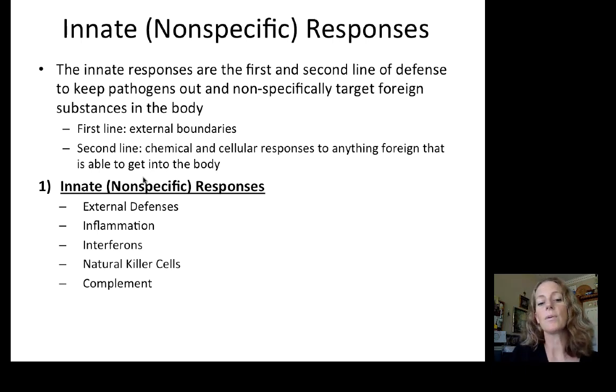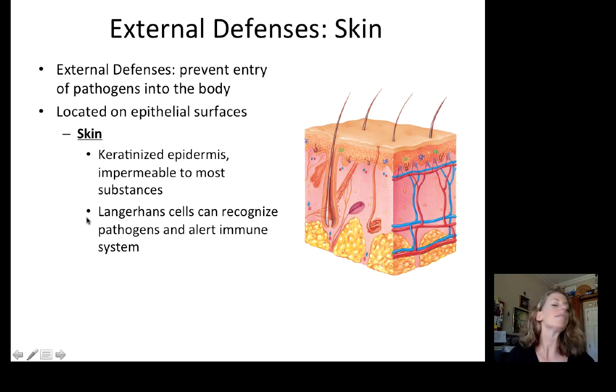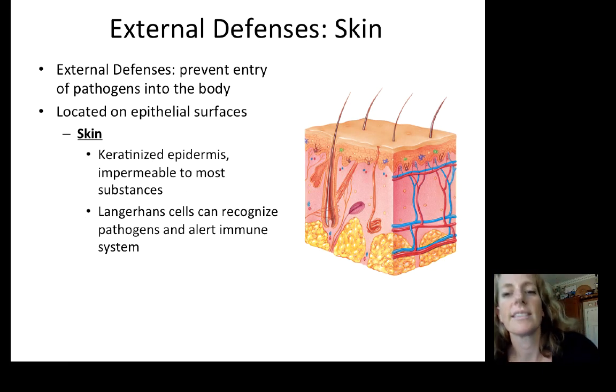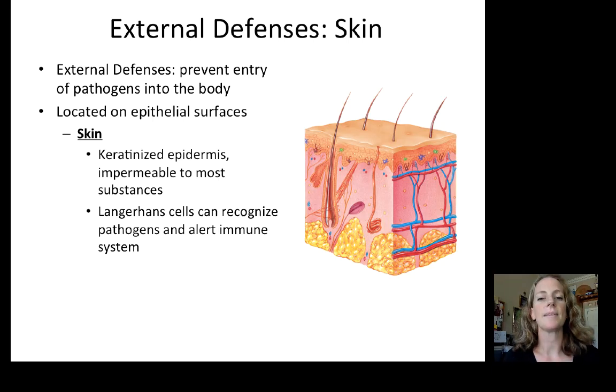So let's start with these external barriers and more general cellular responses. First, the external defenses start with the skin. The skin is a very large organ protecting the outside of the body. It prevents entry of pathogens because it has multiple waterproof layers.